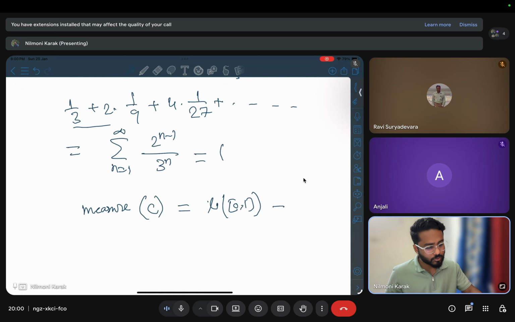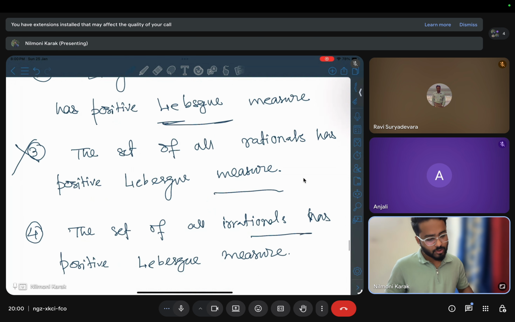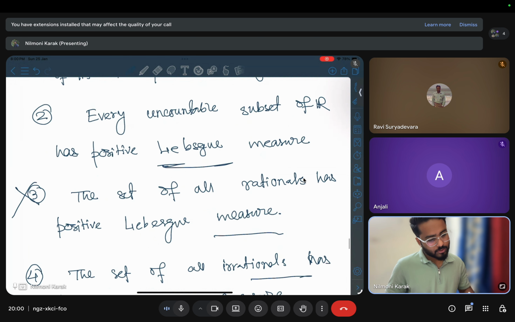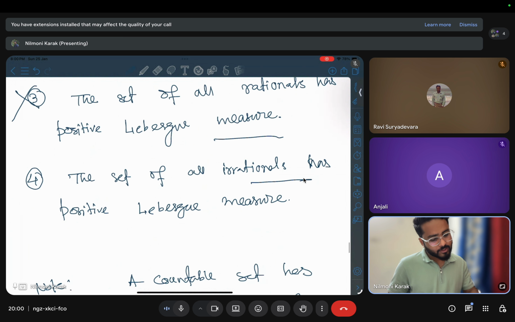This is 1 minus 1, which is 0. The Cantor set is uncountable, but it has measure 0. This is a counterexample, so that's why this is not true.